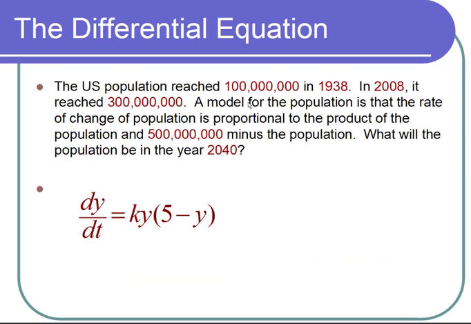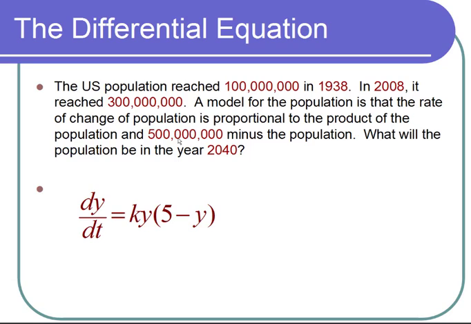So the differential equation that comes with this model is that the rate of change of population is proportional to... rate of change, remember, is dy over dt, when y is the population, is proportional to means equals k times, and then we write down what follows. It says it's proportional to the product of the population, y, and 500 million minus the population.